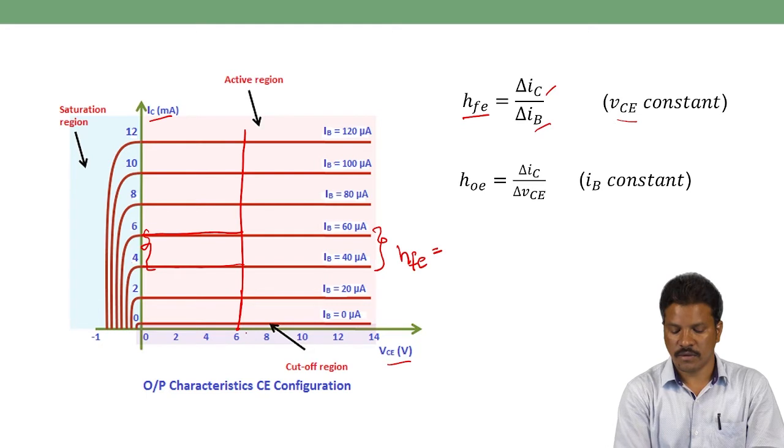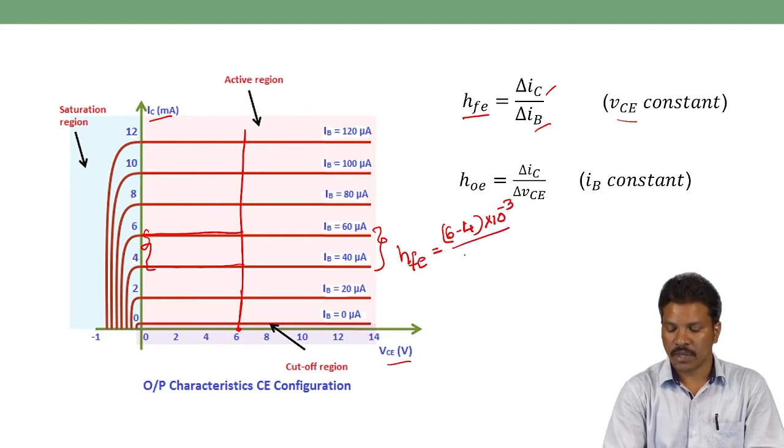So HFE is equal to, at a constant VCE of 6 volts, the change in IC, which is (6 minus 4) into 10 to the power of minus 3, divided by the change in IB, (60 minus 40) into 10 to the power minus 6.